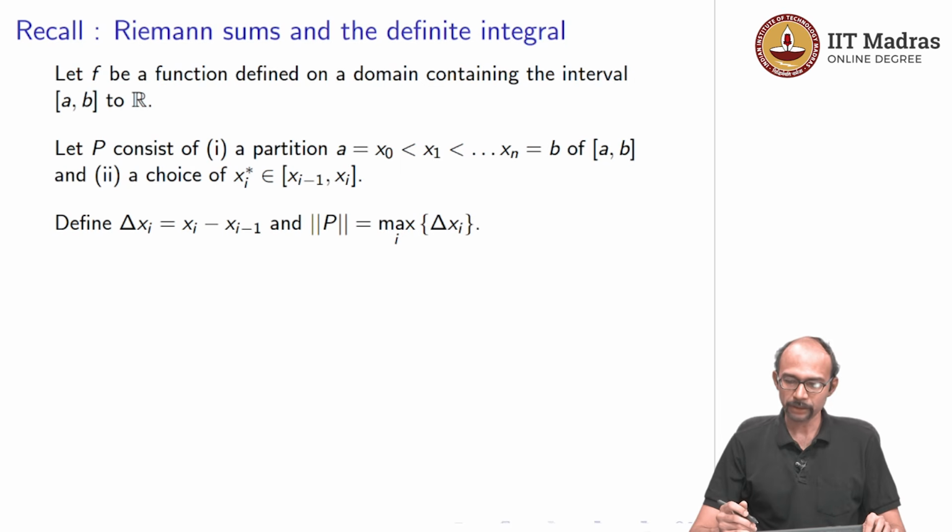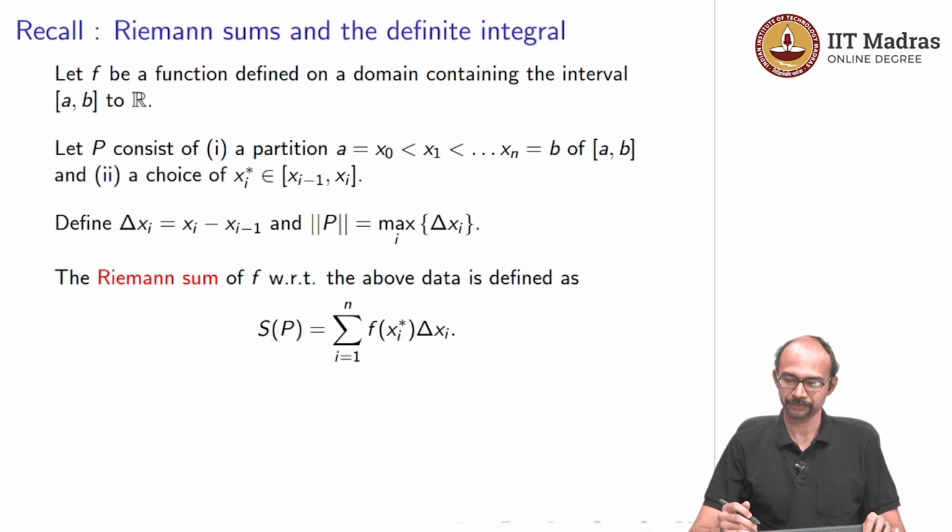And based on this data, we defined something called the Riemann integral. Delta xi was defined to be xi minus xi minus 1, the length of each sub interval, and the norm of P was the maximum over the lengths of all the intervals in that partition.